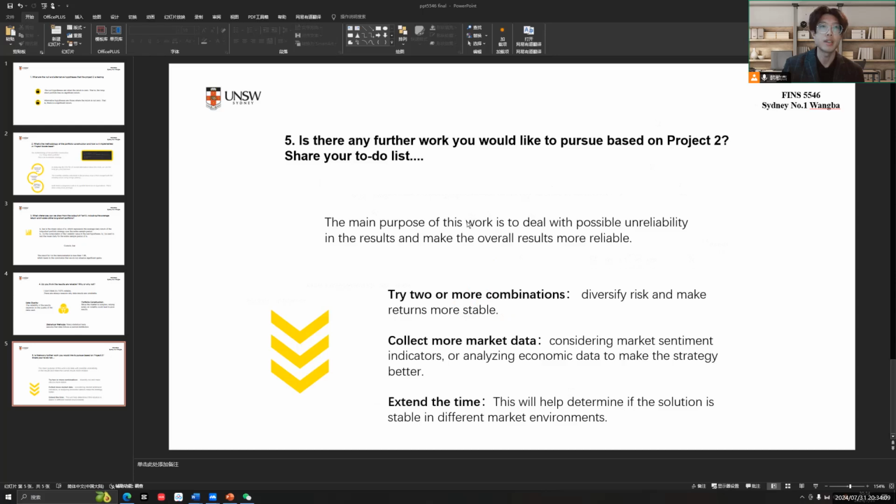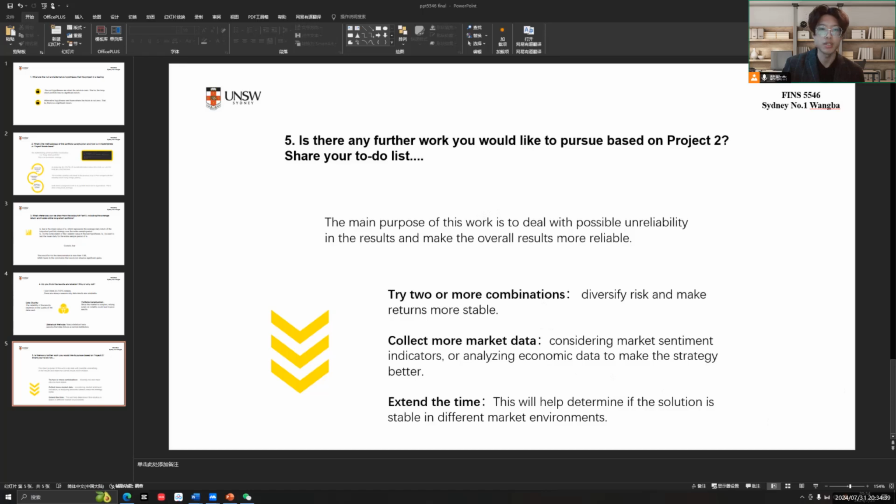Is there any further work you would like to pursue besides project 2? There is still a lot of work I would like to do, and the main purpose of this work is to deal with possible unreliability in this result and to make the overall results more reliable.